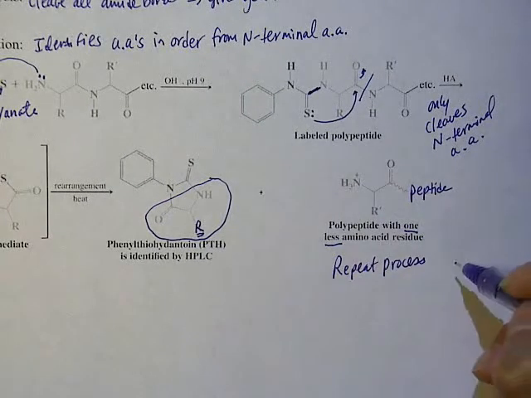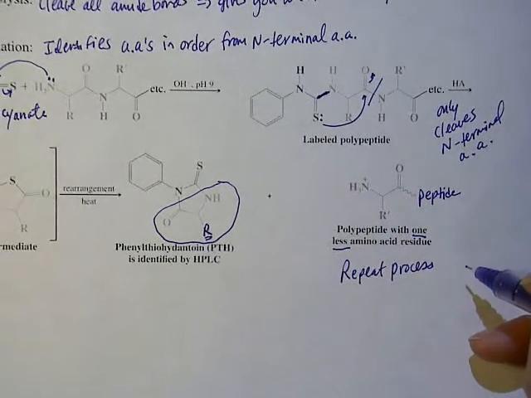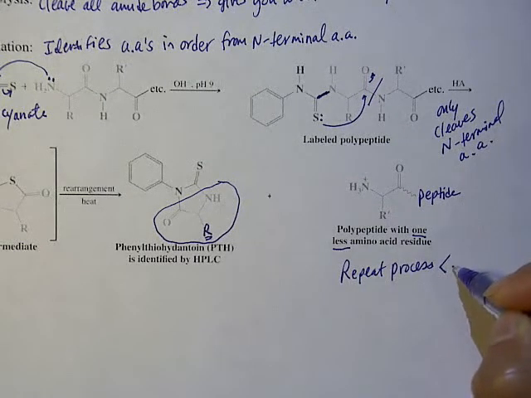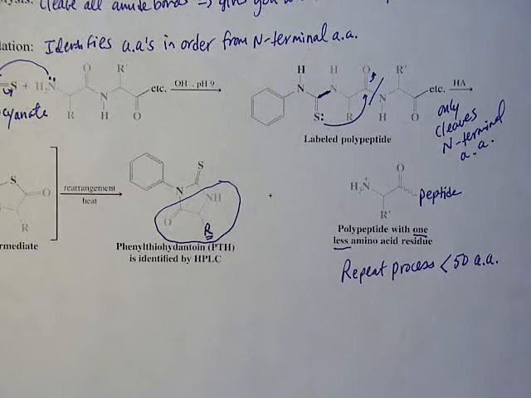And this Edman degradation has now been fully automated. So there's an instrument that does this automatically, and it can be done on any small peptide less than 50 amino acids. This method is the method of choice for doing this.